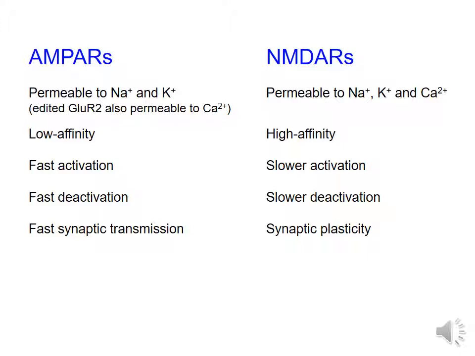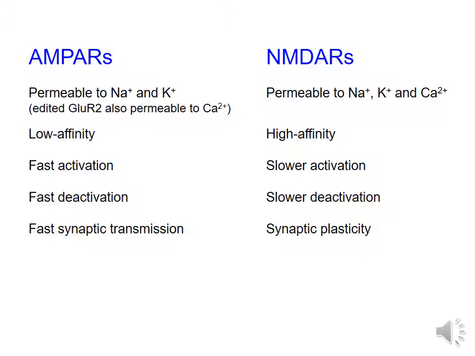These receptors also have a very low affinity but a very fast activation. There is also a fast deactivation or desensitization due to the intrinsic properties of the receptor, a conformational change that mediates its own desensitization. These receptors are mostly associated with fast synaptic transmission.